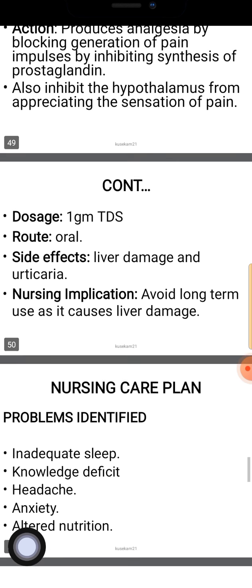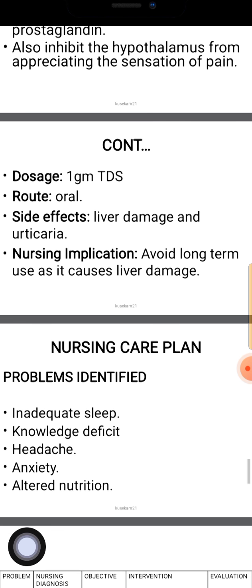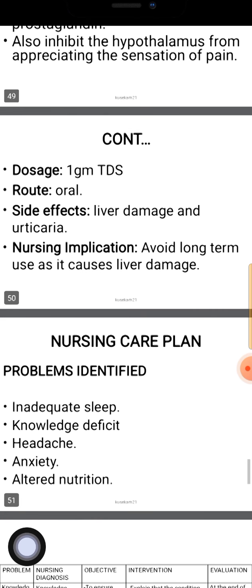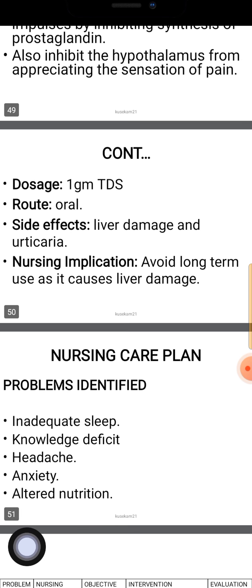It also inhibits the hypothalamus from appreciating the sensation of pain. The analgesic makes the hypothalamus become dormant, so that even if the receptors transmit the impulses of pain, the hypothalamus won't interpret them as pain.